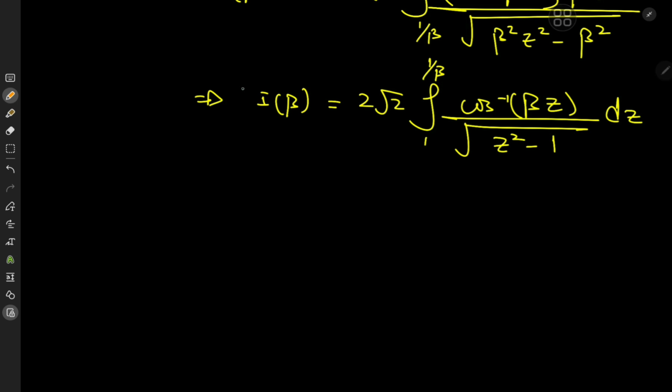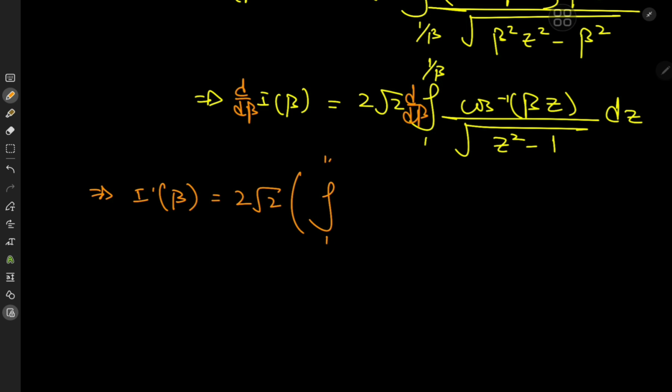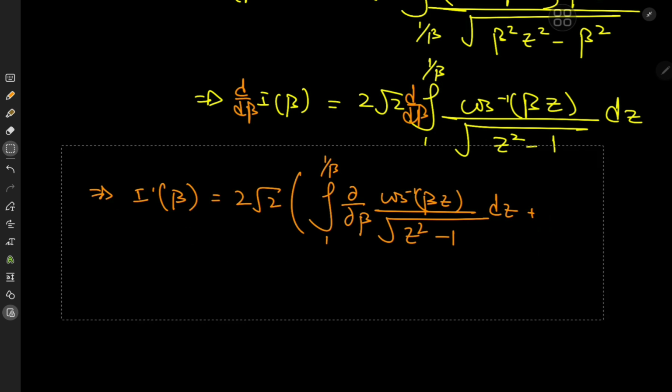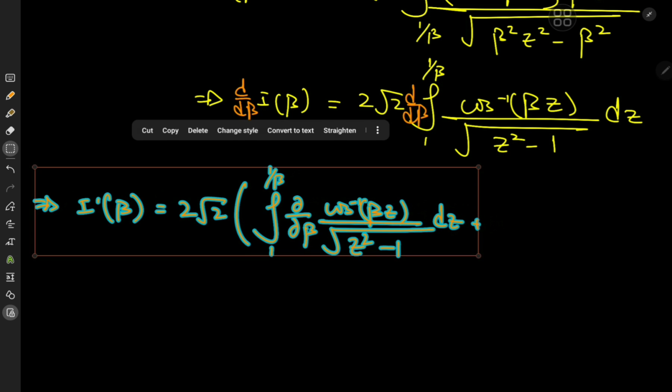So here we go. We're going to differentiate with respect to the beta parameter, and that gives us the derivative of I with respect to beta, and this equals 2 times root 2, and now applying the Leibniz rule, we have the integral from 1 to 1 by beta of the partial derivative with respect to beta of inverse cosine beta z divided by root z squared minus 1 dz, and we add to it the integrand evaluated at the upper limit of integration. That would be, what exactly?